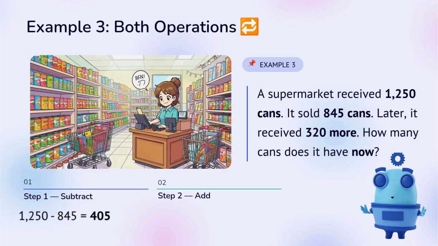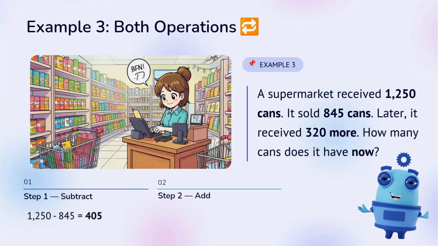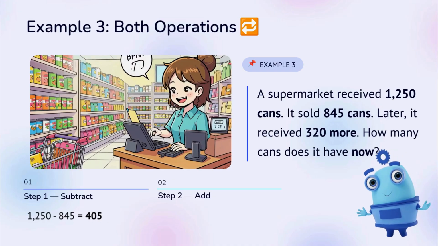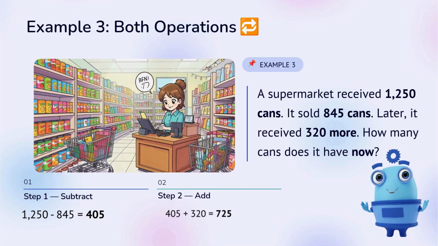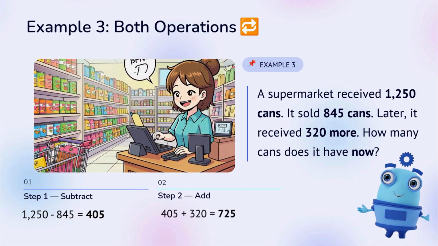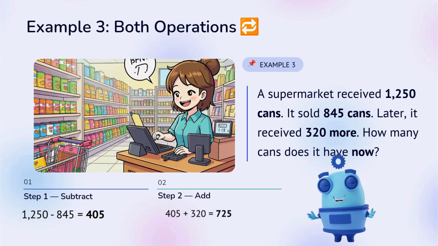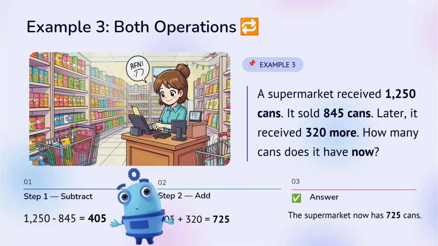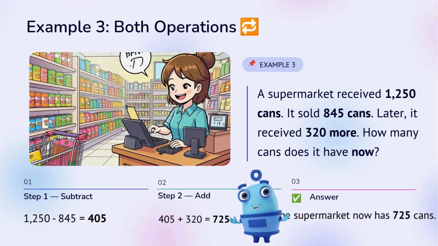In order to solve the problem, the first step is you will subtract 1,250 minus 845, which is equal to 405. Then we will go to step 2 to add. 405 plus 320 is equal to 725. The correct answer is the supermarket now has 725 cans.